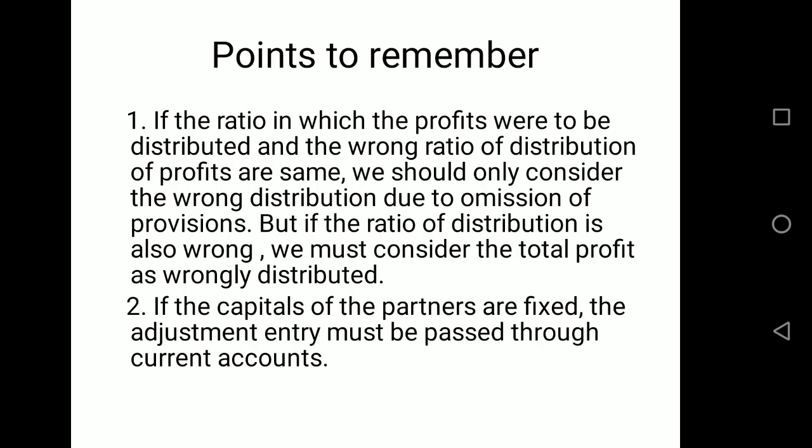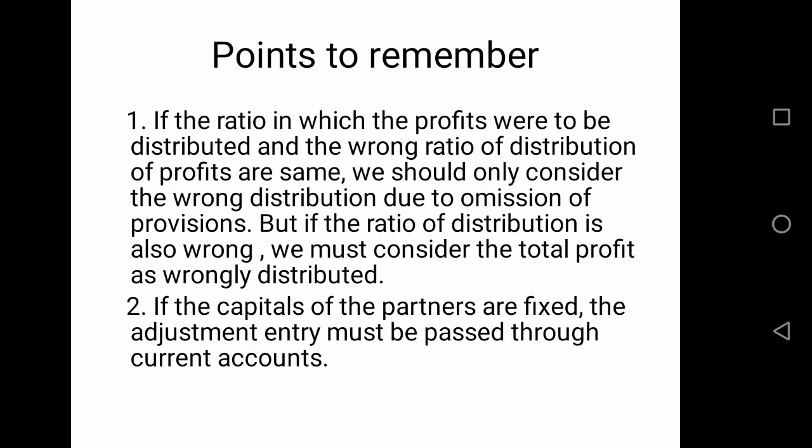Now points to remember. If the ratio in which the profits were to be shared and the wrong ratio of distribution of profit are the same, we should only consider the wrong distribution due to omission of provisions, as we have done in the first question. But if the ratio of distribution is also wrong, we must consider the total profit as wrongly distributed, as we have done in the second case.